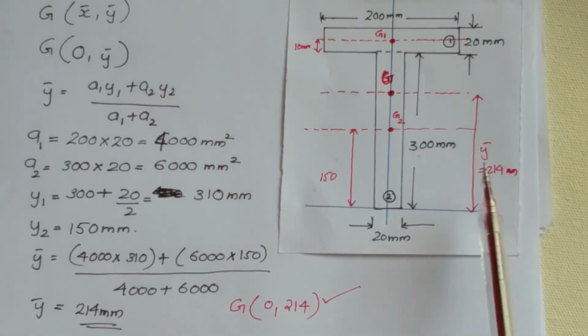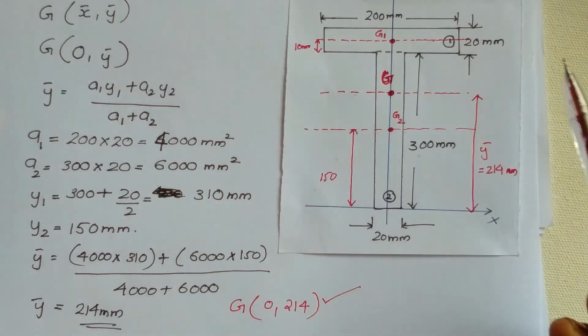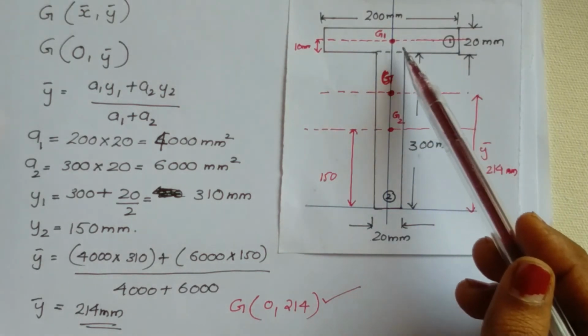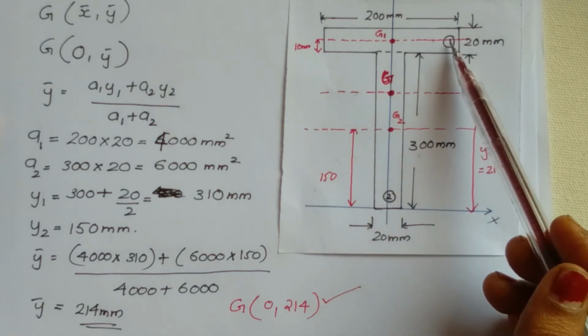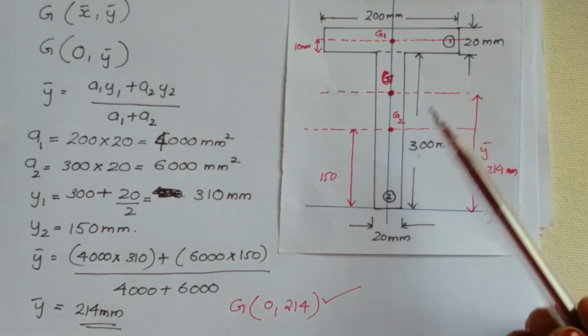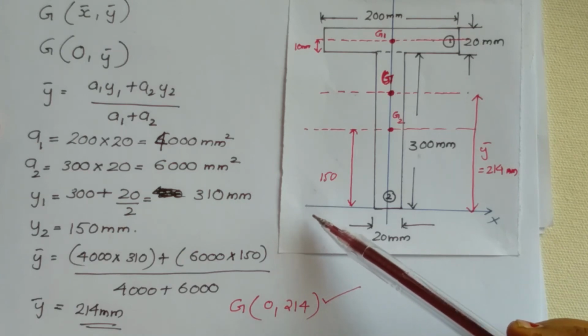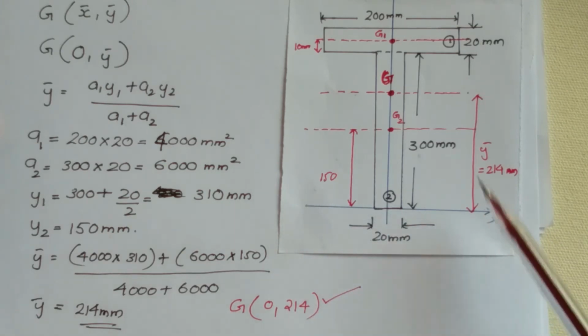So I will repeat the entire procedure once more. First we identified the sub areas in this T section and we named them 1 and 2. Then we chose a reference coordinate system x and y.